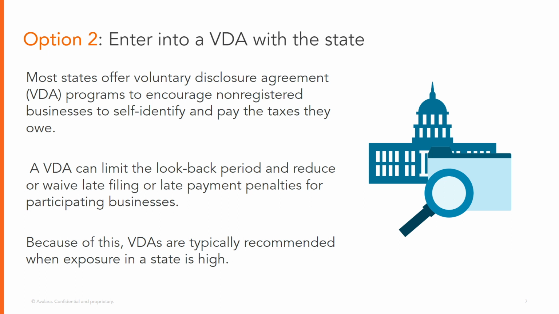The voluntary disclosure agreement, or VDA as we call it, is an agreement with the state where you as a business would petition for penalty abatement and the removal of interest on those back due taxes. And some states can actually have a payment plan to pay back those taxes.